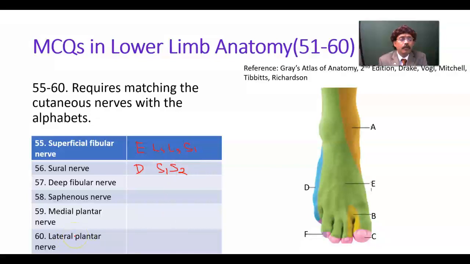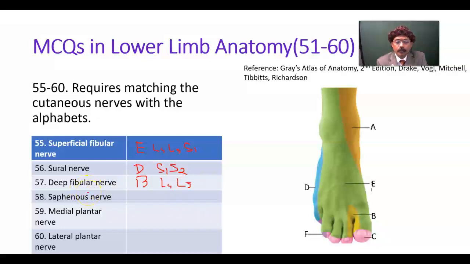Deep fibular nerve: here, the deep fibular nerve is B. B is the answer. Deep fibular nerve root value is L4, L5.